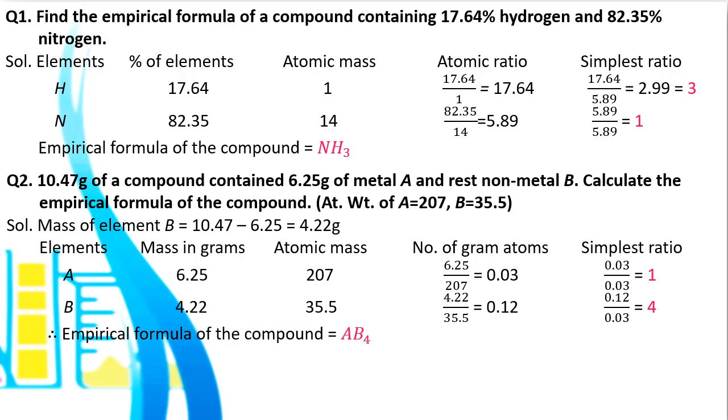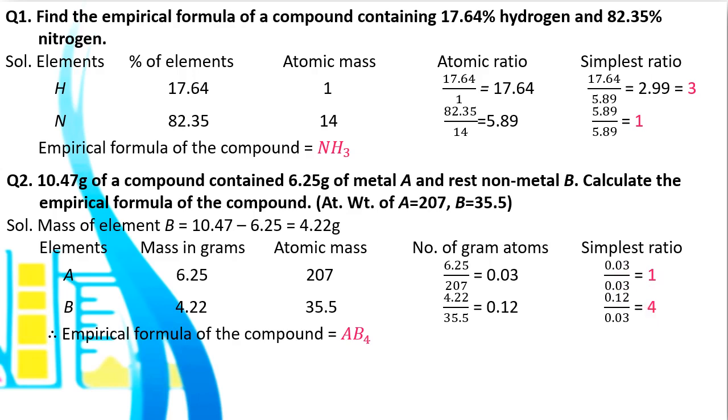Here 0.03 is smaller than 0.12. So we will take the 0.03 as reference and divide both. 0.03 divided by 0.03, we will get 1, and for B we will get 4.